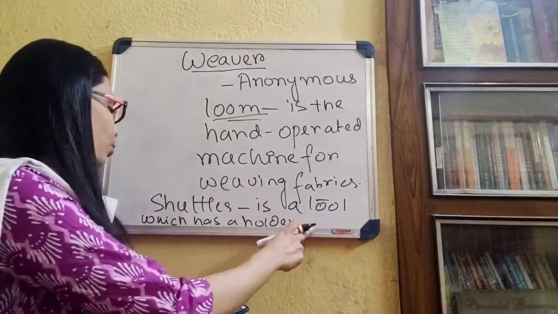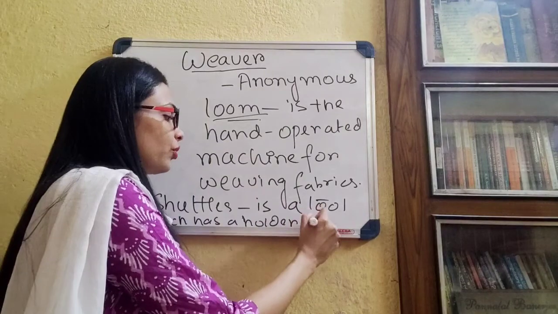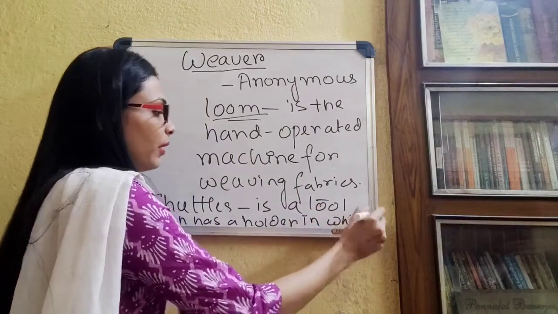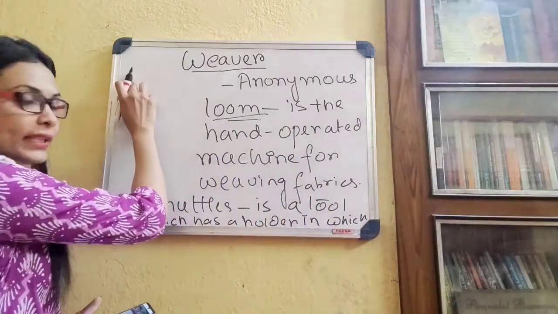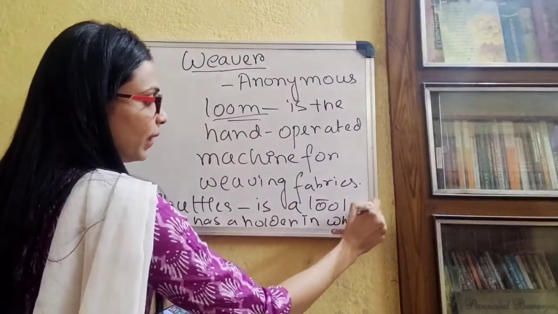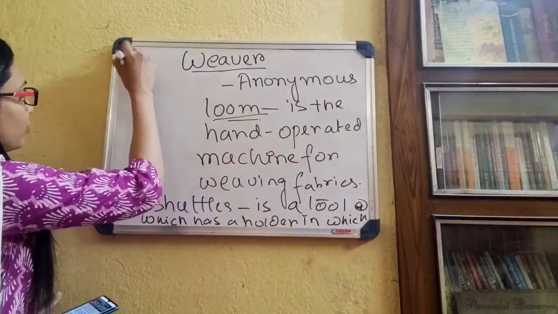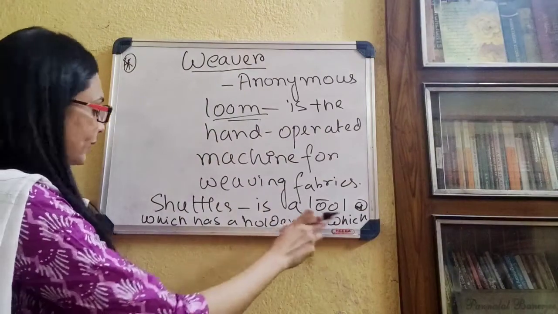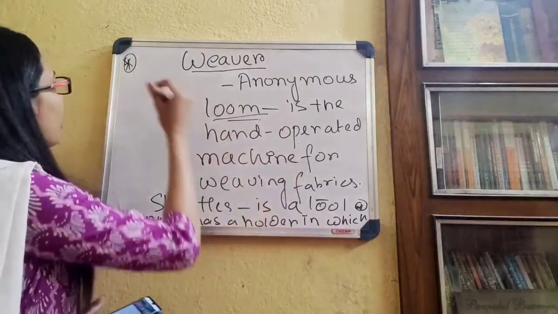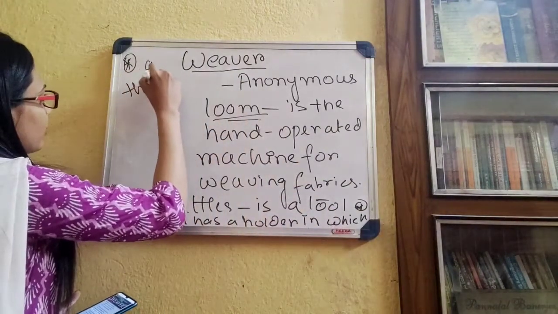So shuttle is a tool which has a holder in which a thread is kept. I'm writing it over here, putting a star mark, again a star mark, so that you can understand.